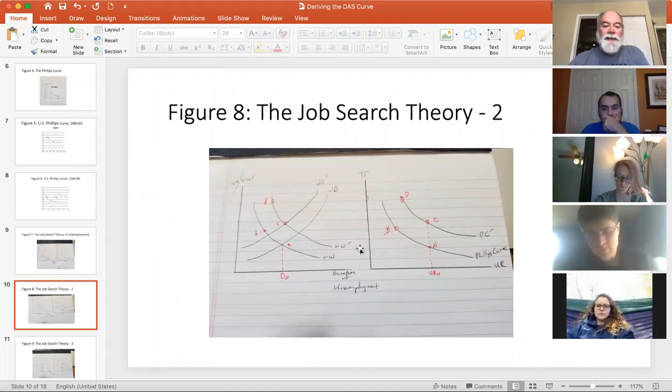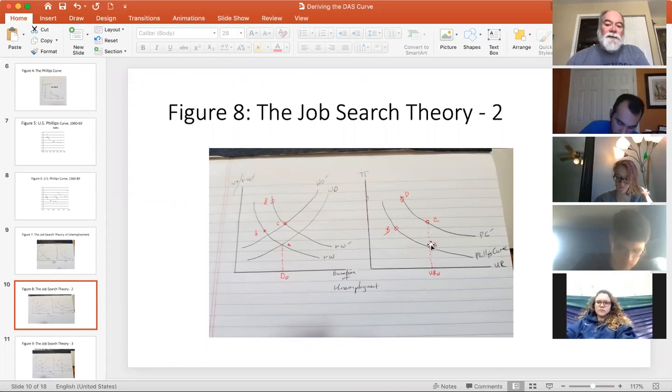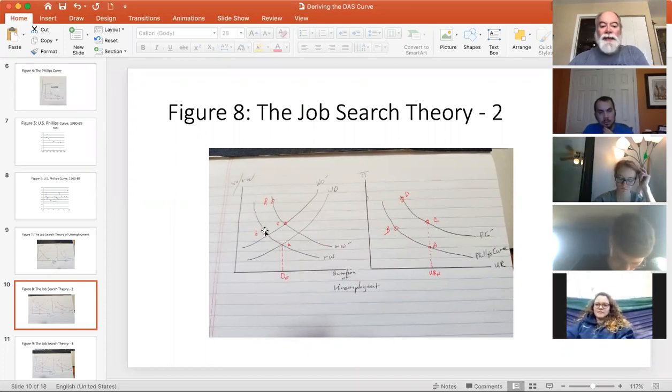Okay, so you start at A and little a. An expansionary monetary or fiscal policy pushes us up to B. And then when people realize what's going on and they ask for more money, they go to little c and big C as the Phillips curve shifts.